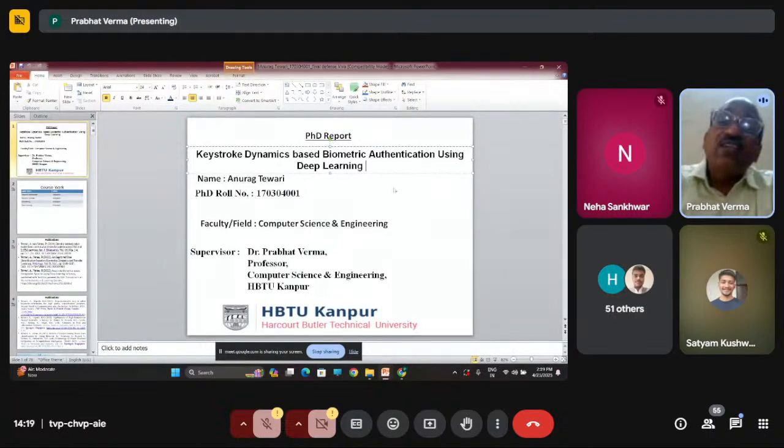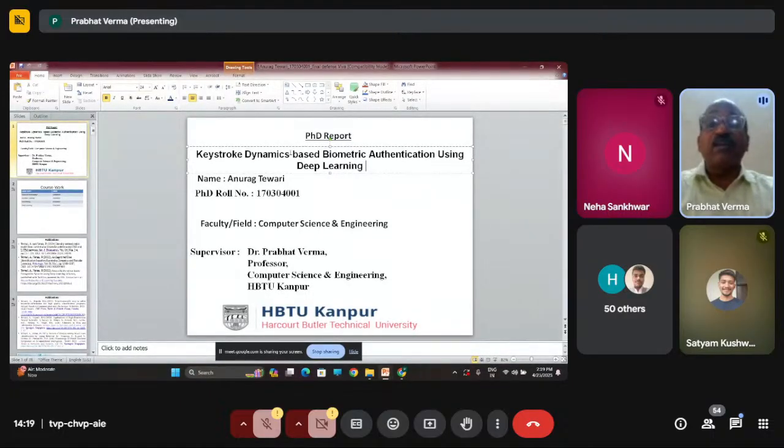In that case, one-time authentication may not be suitable, because one person may enter the login password, and after successful login the person may be exchanged for another person, who is not the authentic person. So we want continuous authentication of the person appearing in the online proctored examination. For that, keystroke dynamics has been used here.